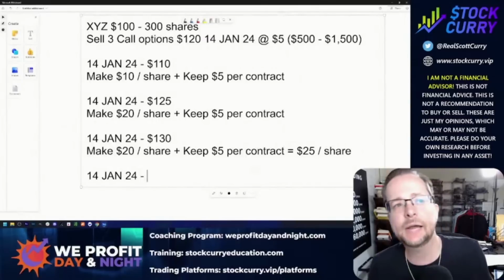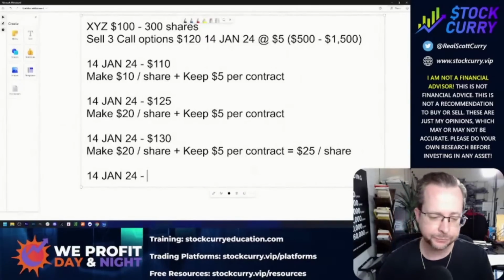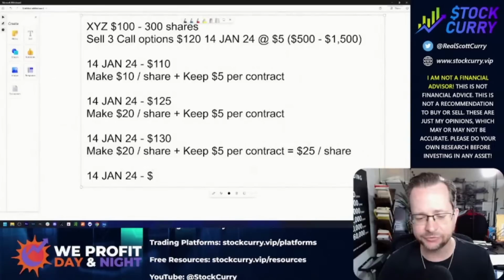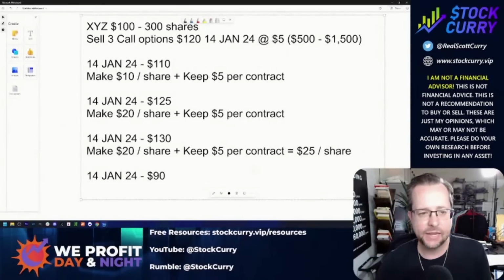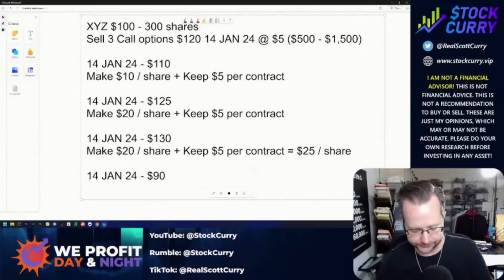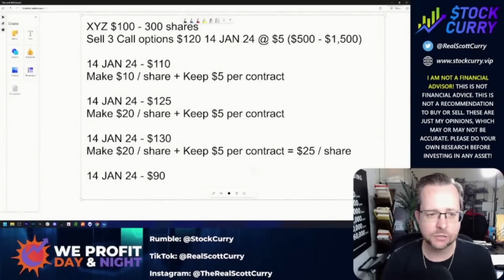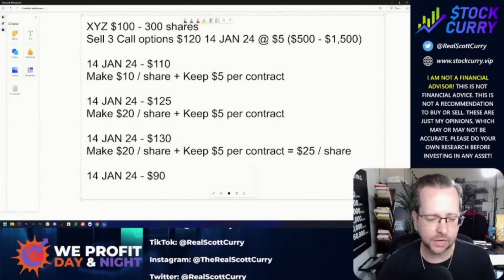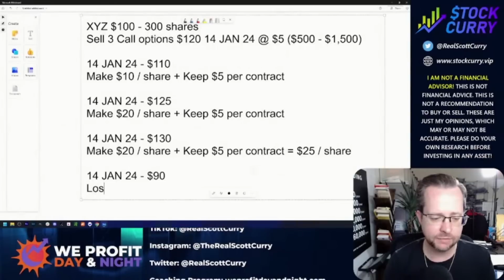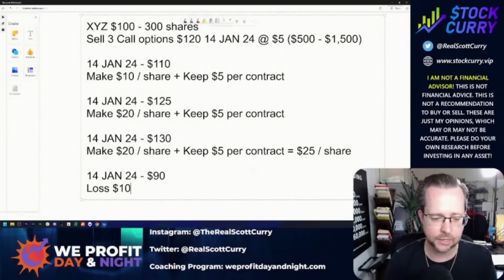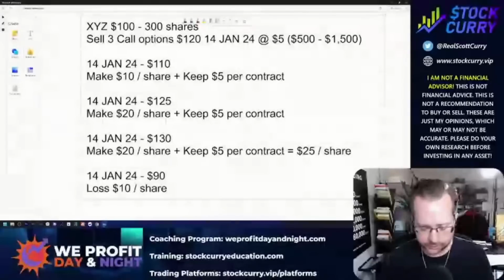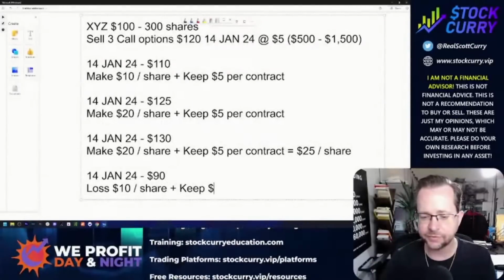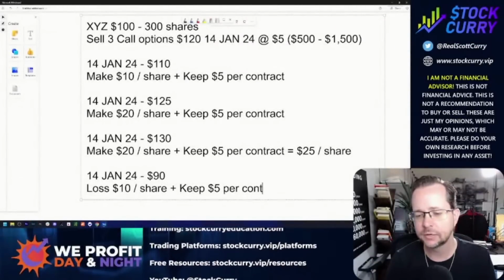So at the time of the contract, it's worth $100. Let's say it goes down to $90. All right. Well, if it's $90 and your stock costs you $100, you now have a loss of $10 per share, right? Because we went from 100 to 90. The good news is you still get to keep the $5 per contract.